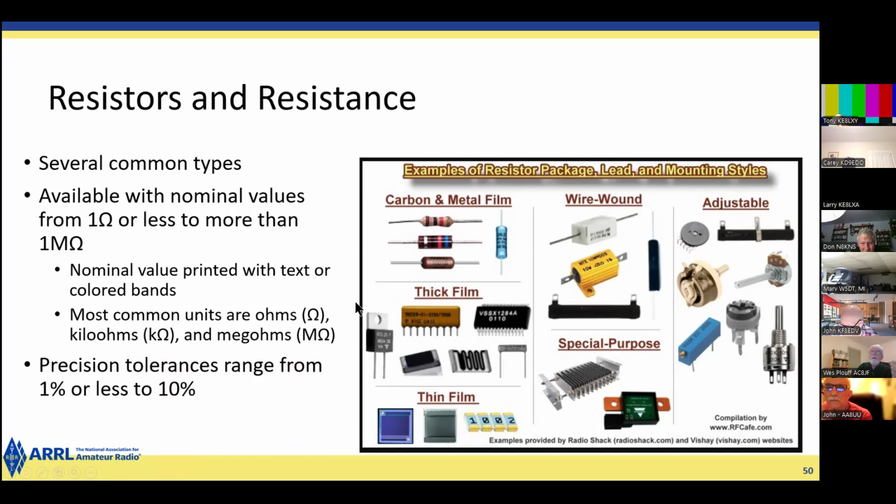So the values you can see on leaded resistors are in the color code, and I'm not going to go into that, but there are a lot of hams who can recite the color code by heart and decode it very easily.